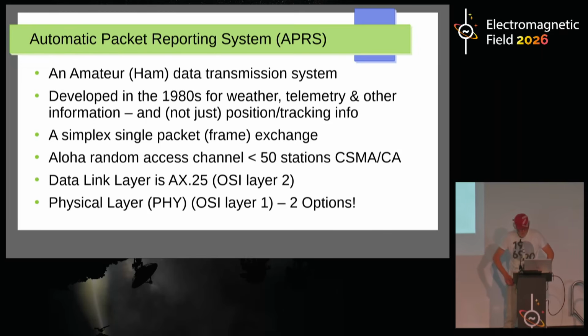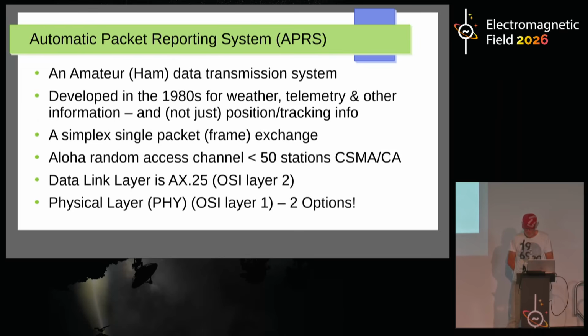So pretty much the first system to suggest itself was APRS. It's been around for 40 odd years. There's loads of equipment for it. It's used all over the place. It's used on CubeSats for telemetry.